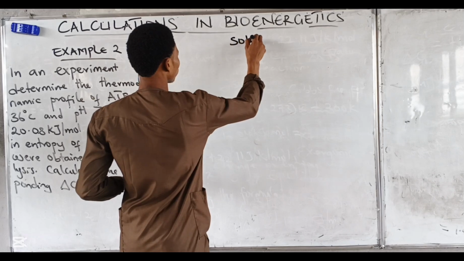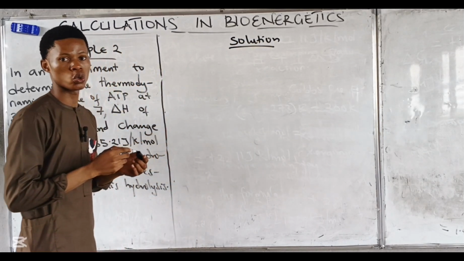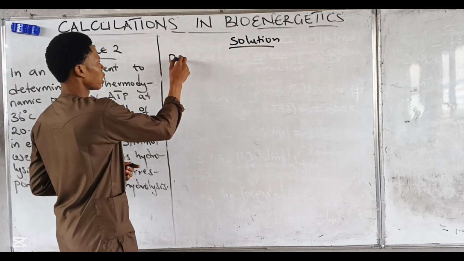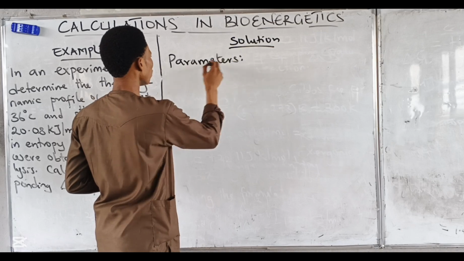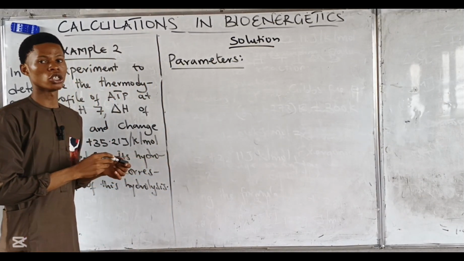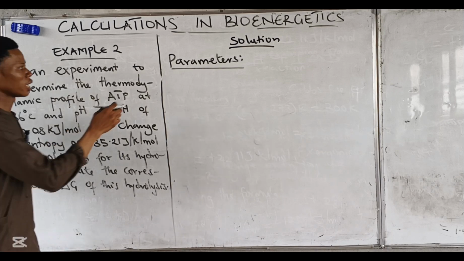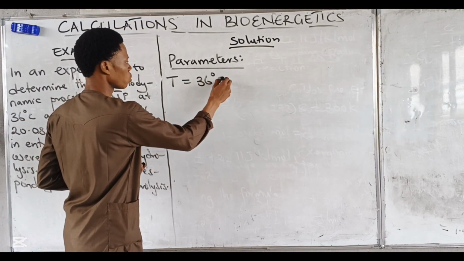So solution. Like I said in the first example, the first thing you have to do when you have a calculation question is to do what? Write the parameters. Very important. So the parameters given. What were we given in this question? We're given temperature, right? Temperature was given as what? 36 degrees Celsius.